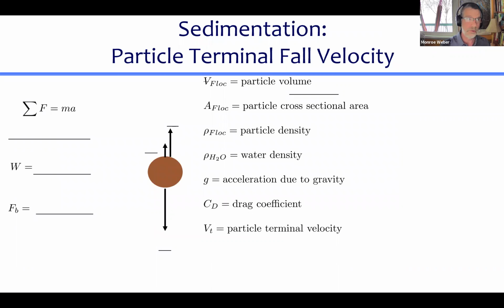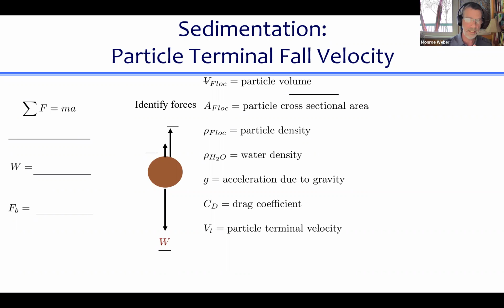And let's go to the problem. We'd like to use sedimentation to separate out the particles that we don't want. We'd like them to drop to the bottom or float to the top, I suppose. And so there's our little particle, and we're going to look at the forces that are acting on it. We know that the sum of the forces equals mass times acceleration, but this guy is not accelerating. So I suppose we're going to say that there's a couple different forces acting on it.